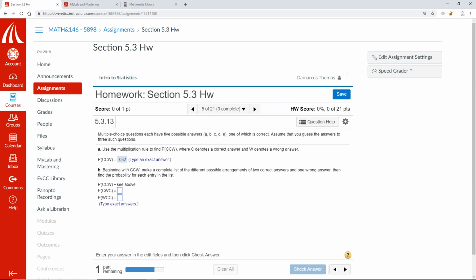Now, beginning with CCW, make a complete list of all the different possible arrangements of 2 correct answers and 1 wrong answer. Then find the probability for each entry in the list. Well, the probability of each entry in the list should be the same as B above.